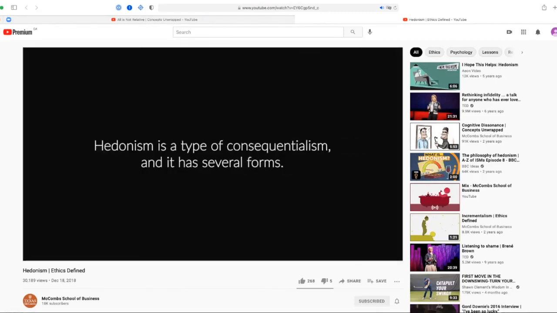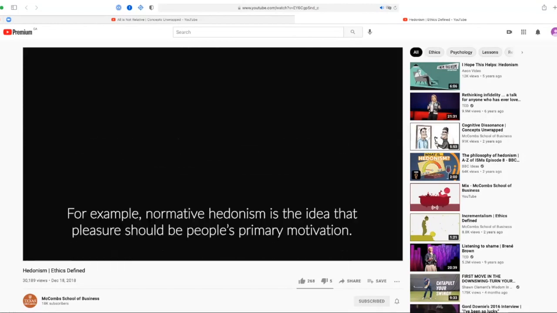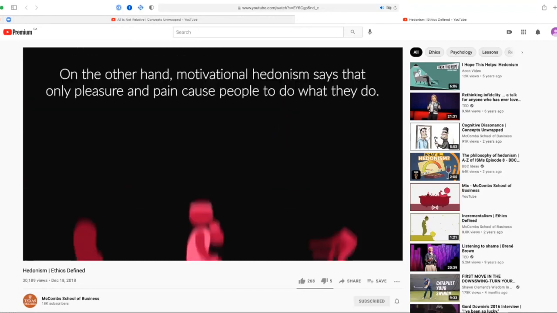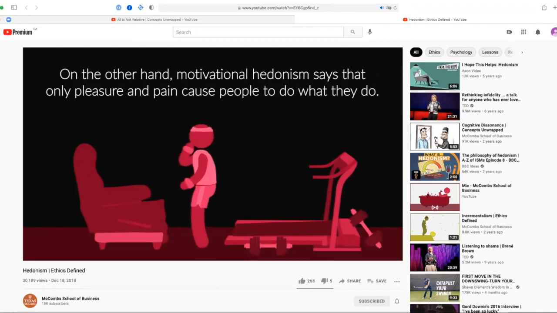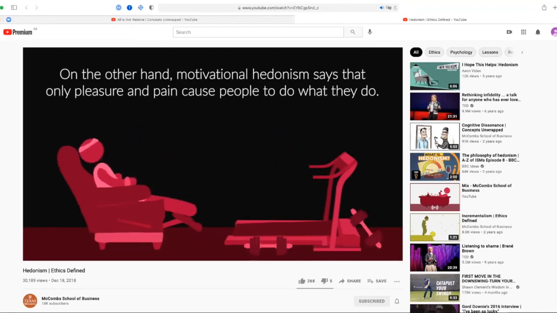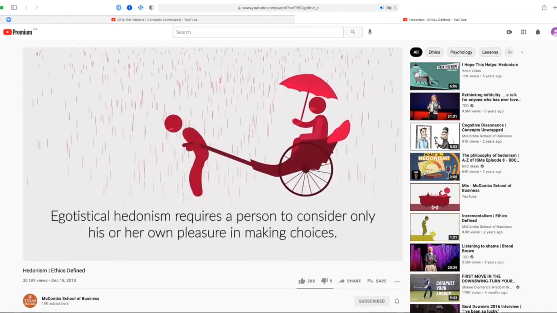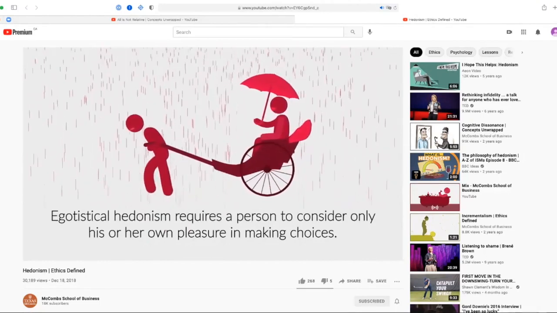Hedonism is a type of consequentialism, and it has several forms. For example, normative hedonism is the idea that pleasure should be people's primary motivation. On the other hand, motivational hedonism says that only pleasure and pain cause people to do what they do. Egotistical hedonism requires a person to consider only his or her own pleasure in making choices.